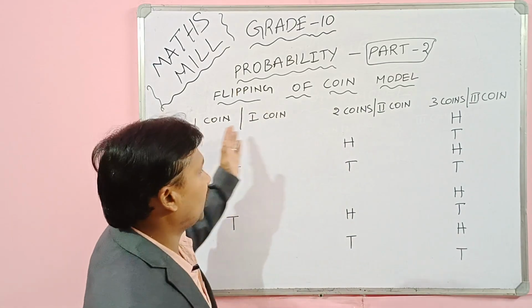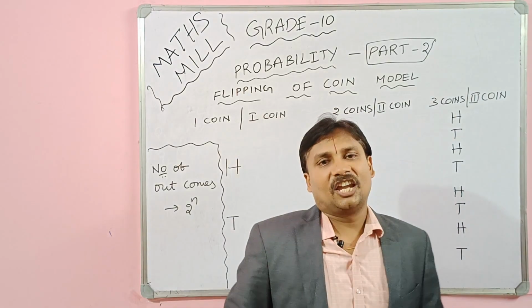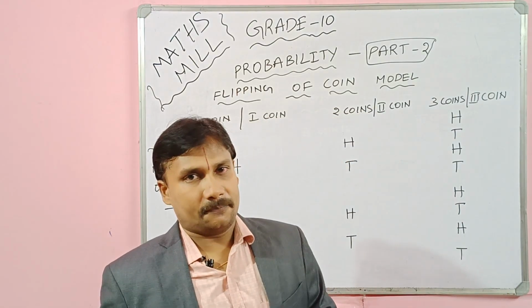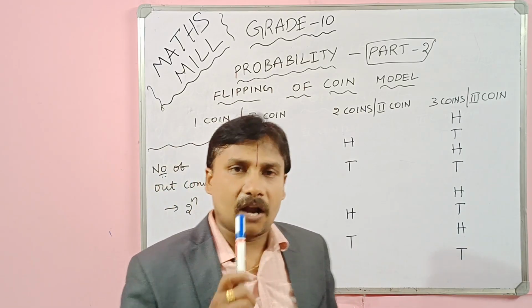So that's why we have taken it like this. If we flip a coin one time, two times or three times, for the number of outcomes we have one formula, 2 power n.